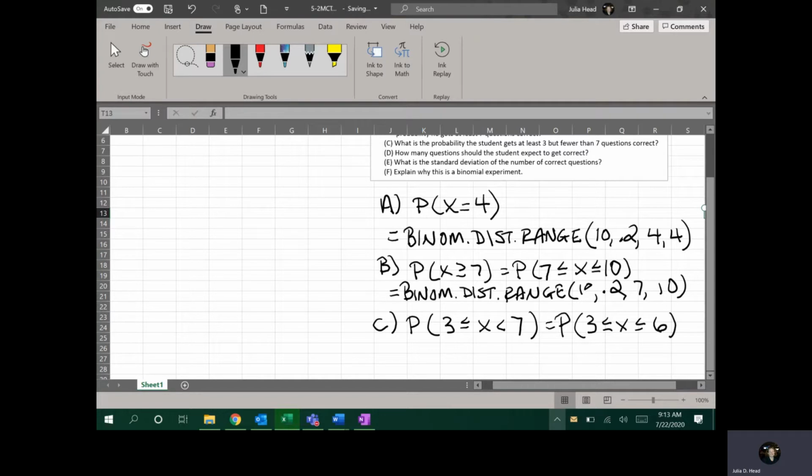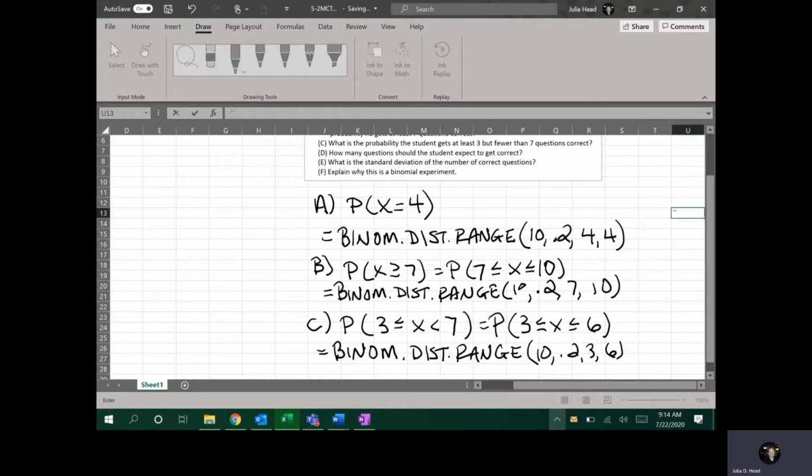If you're less than 7, you must be at most 6. And again, it's still 10, 0.2, and this time it would be 3, 6. So let's try doing those 3, and we'll come back and do the last 3.